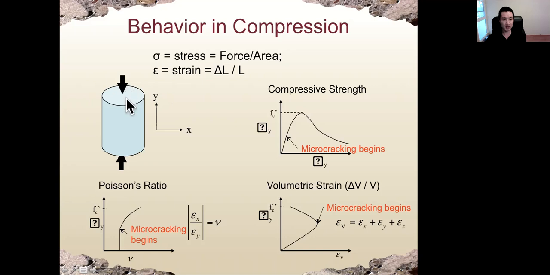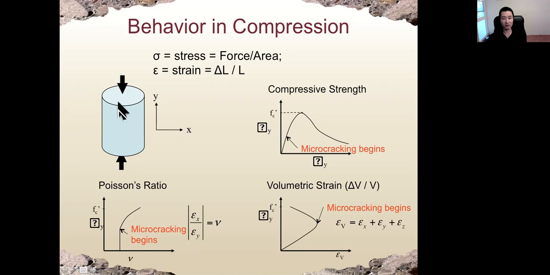When the concrete is under compression vertically, that dimension will become smaller, but horizontally, in the x direction, it will expand. So the strain in the x direction we call epsilon x, and the strain in the y direction is called epsilon y.